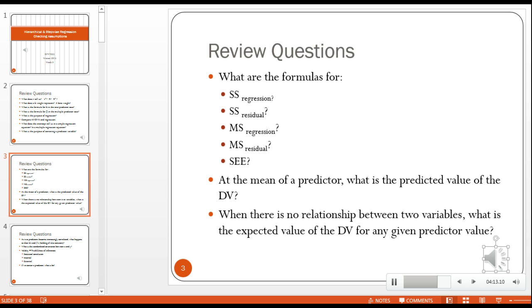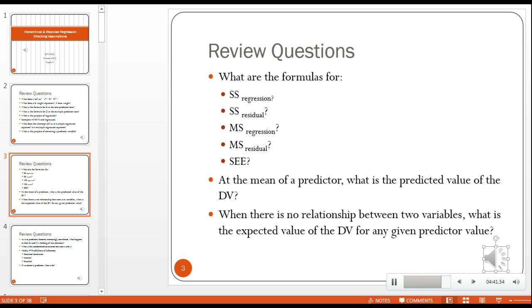And for that, we want lots of n, because we want to cut into that MS residual as much as possible, because that forms the denominator of our F test. So the smaller, the better. And remember, in our case of 620 n from last week, that's what happened, is we were able to cut into the MS residual a lot with that second big sample.